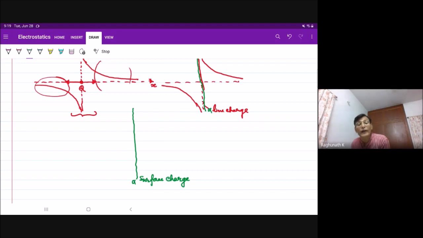In that particular case, plus rho s by 2 to the right, and rho s by 2 will be there on the other side as well.